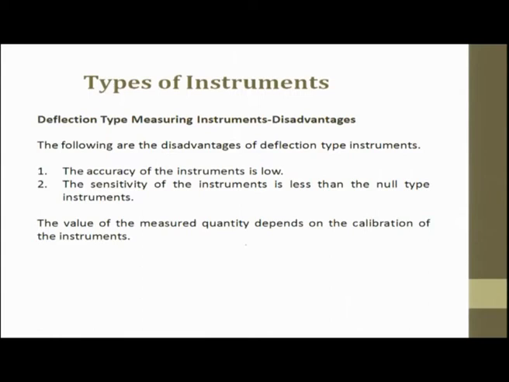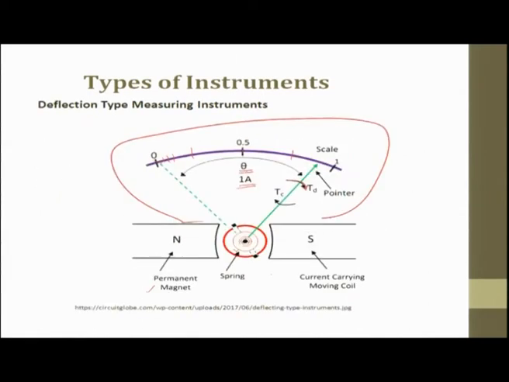For example, suppose you talk about 1 amp as the graduation. It can be divided into 100 parts, or 1000 parts. So, what you get is 0.001 as the resolution.